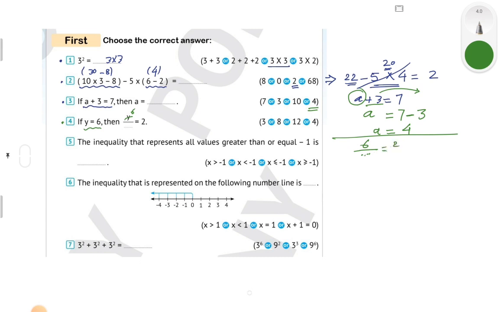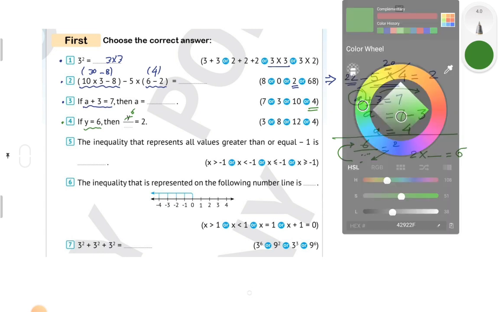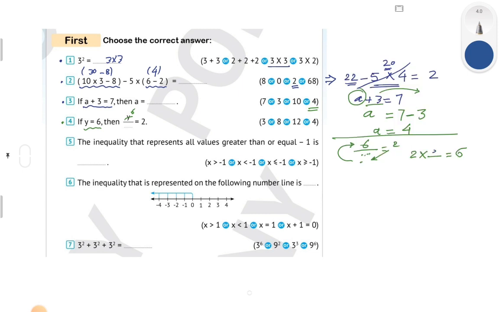Note with me, there is some number here. If I multiply 2 by this number, I will get 6. So 2 by number equals 6. Of course this number will be 3. That means 6 over 3 equals 2. Now this blank is 3.